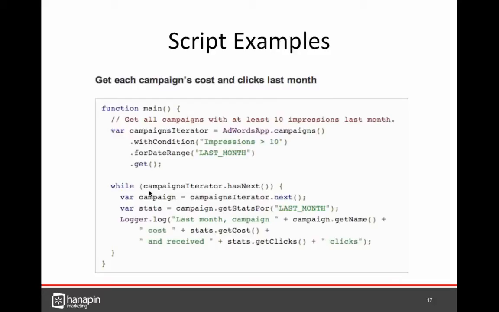And then the next part, it says while the campaignIterator hasNext, like I said, the iterator collects all the campaigns. It goes through each one of those campaigns on the list and then gets their stats for that same month. And then the Logger.log is just a very basic text output. What it says right there is for the last month in the campaign, it's going to print the campaign name, the cost, and the clicks, and then return that back to you.